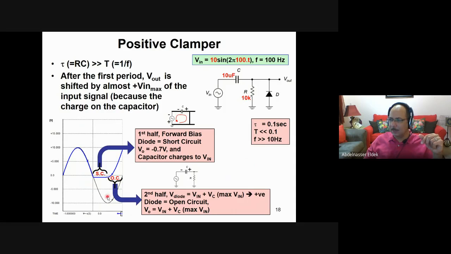So in the fourth quarter, it will start from negative 0.7 until it reaches what? Negative 0.7 plus 10 will be 9.3 volt. So the maximum here will be 9.3 volt. So this is what will happen in the fourth quarter. Why? Because the capacitor now is fully charged.